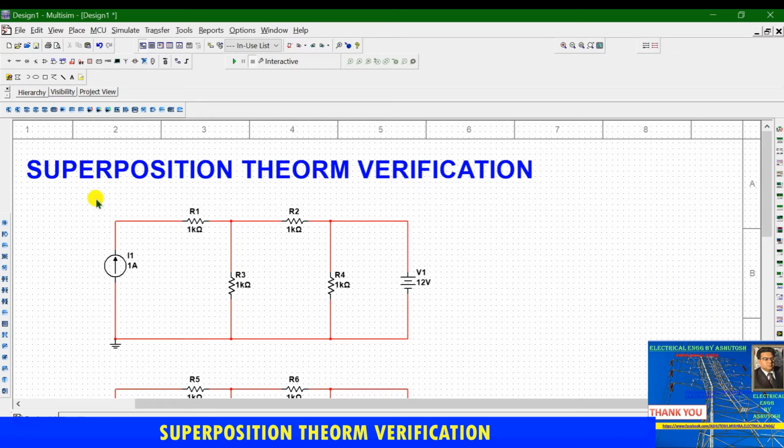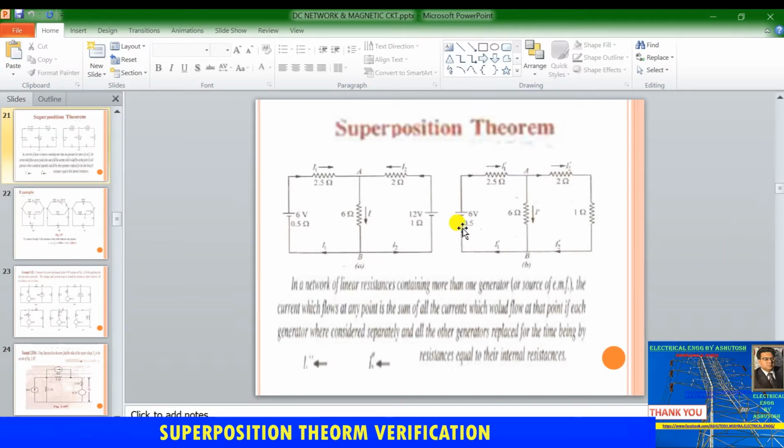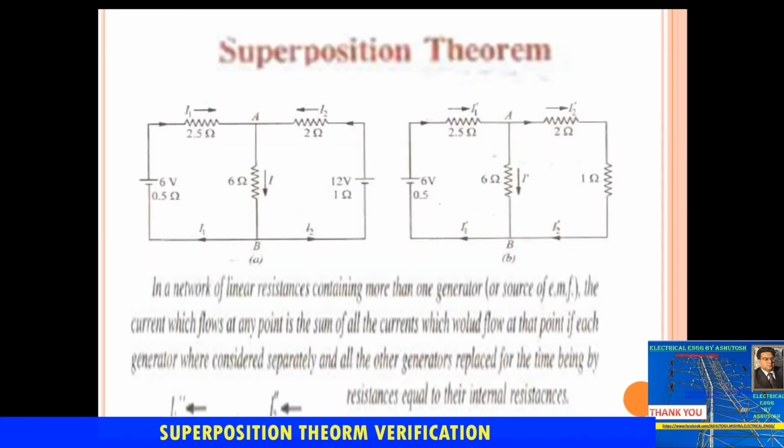So basically, what is the superposition theorem? We will go to our PPT slide. Here you can see the statement.